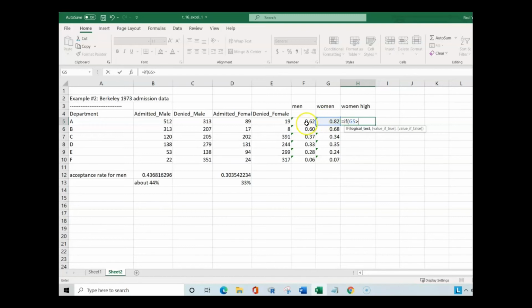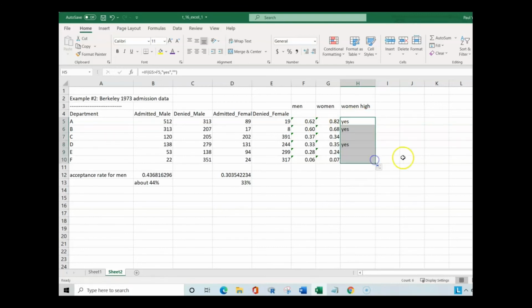So let's use the IF function. Higher rate. If the rate for women is higher than men, then we type higher.